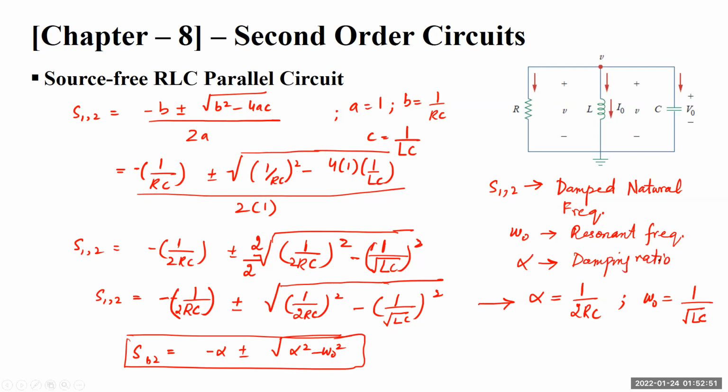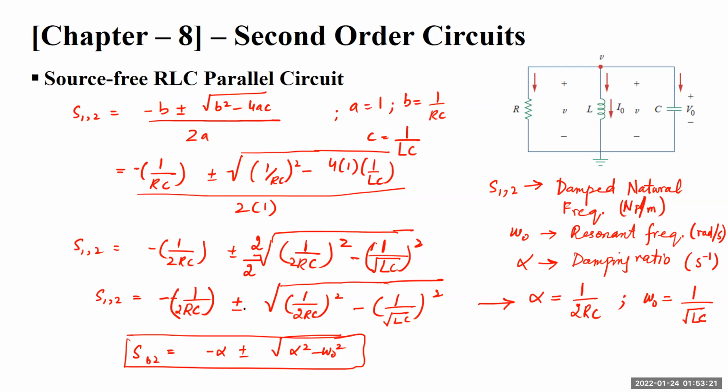Okay, alpha is the damping ratio. So these are the values and the units: alpha in nepers per second, resonant frequency in radians per second, and alpha is seconds minus 1.